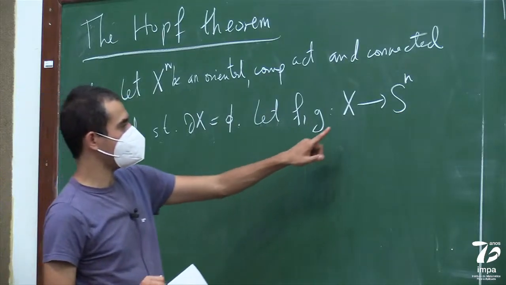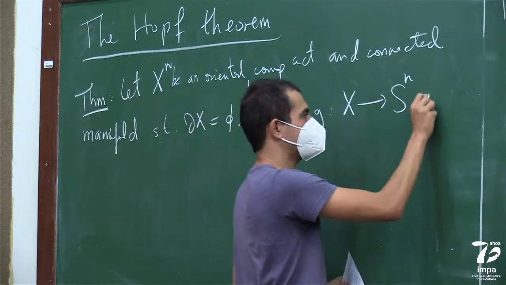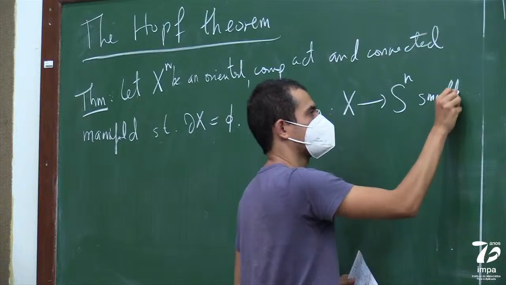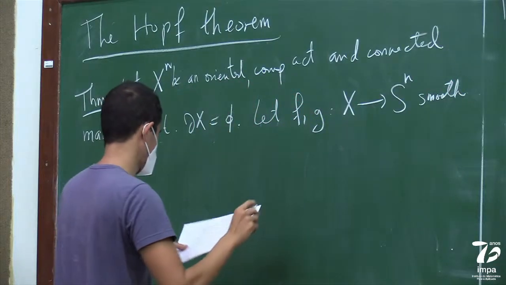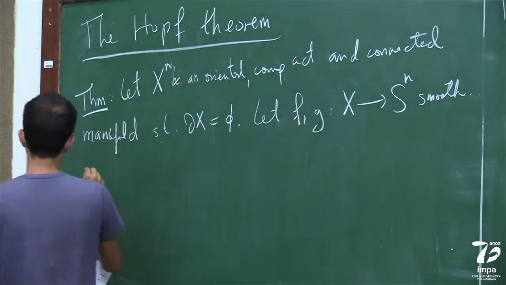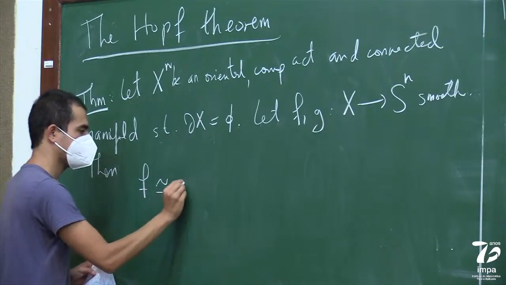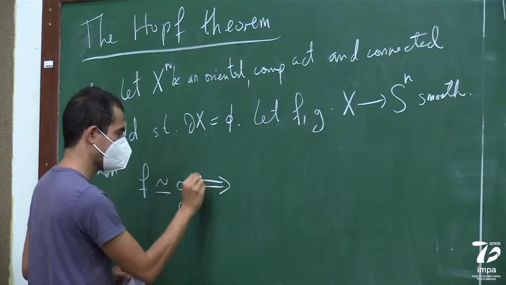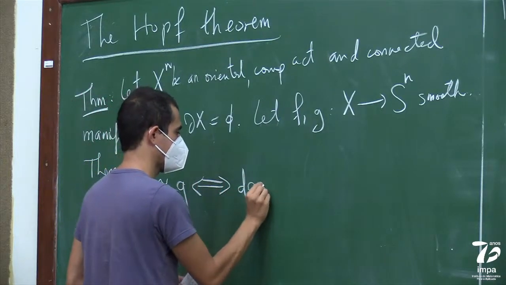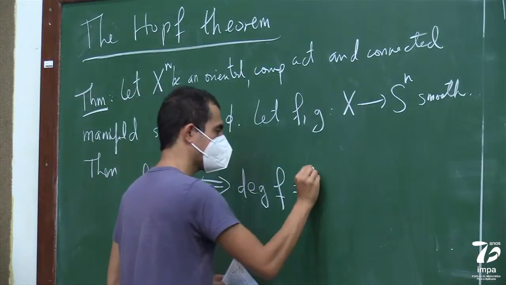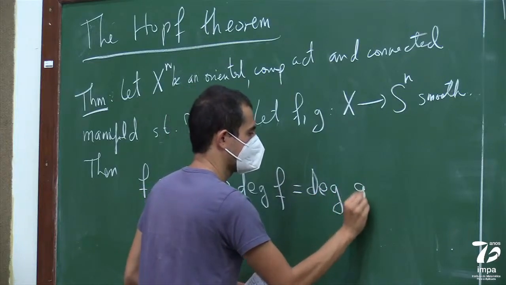Let F and G be smooth maps into S^n. Then F is homotopic to G if and only if the degree of F is equal to the degree of G.